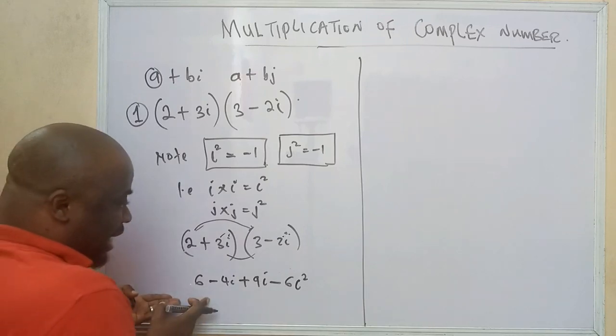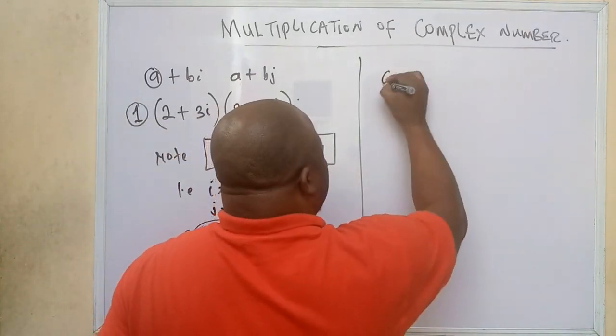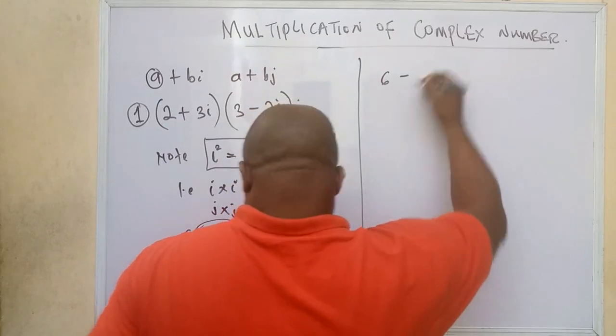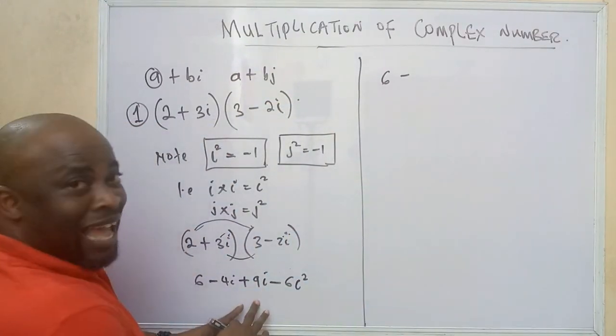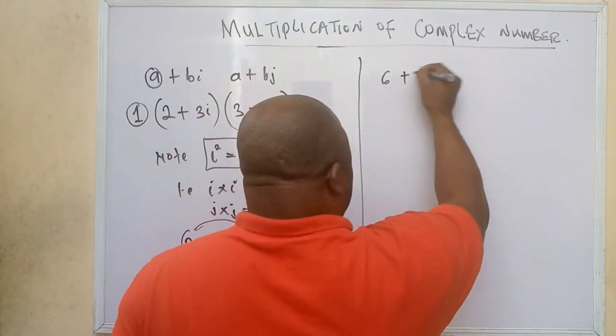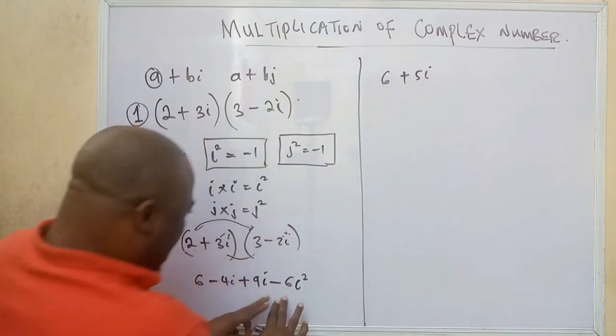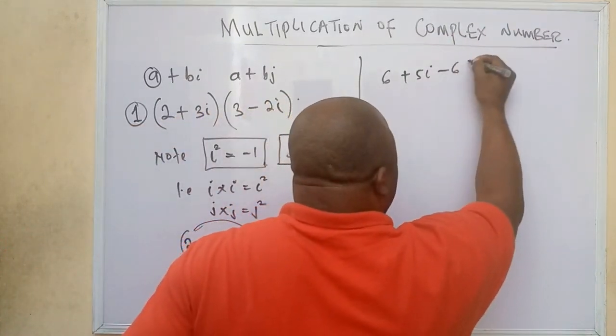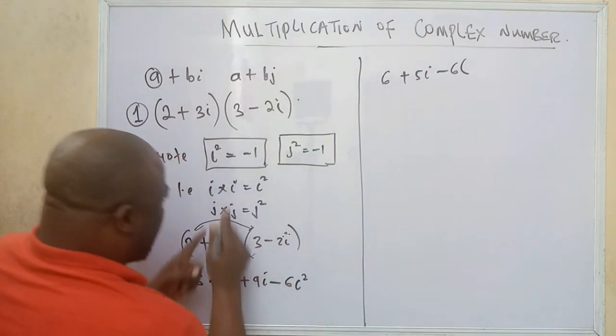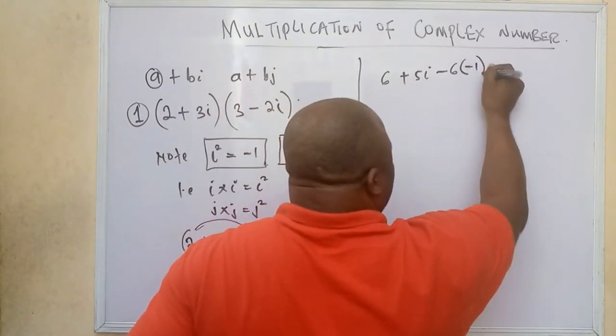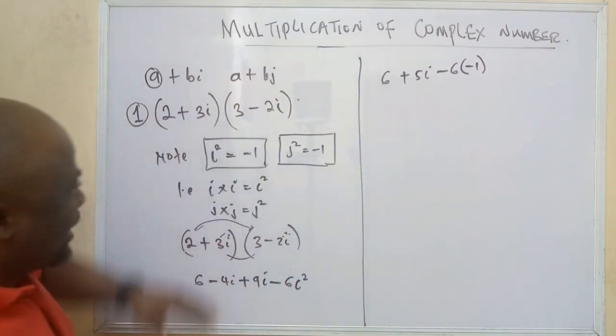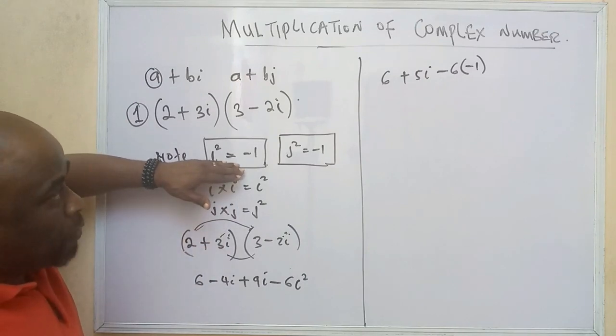So we have everything here now. You have 6 minus 4i plus 9i, which is plus 5i. Then you have minus 6 times bracket minus 1, because when you have i squared, you replace it with minus 1.